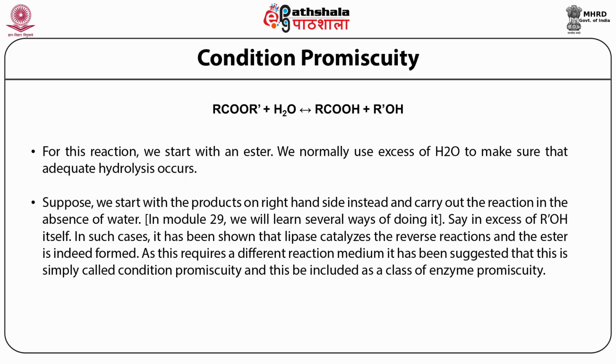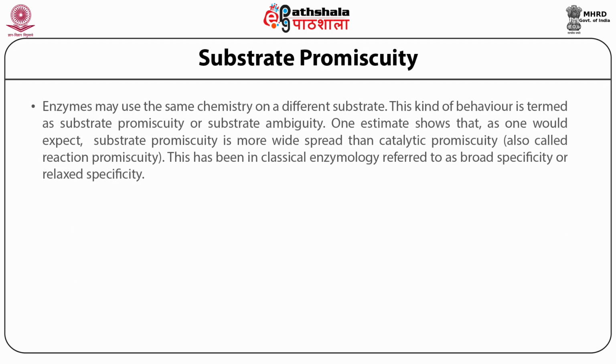Condition promiscuity is shown by many enzymes, of which lipase is actually an important example. Enzymes may use the same chemistry on a different substrate during their catalysis, of course. This kind of behavior is termed substrate promiscuity or substrate ambiguity.